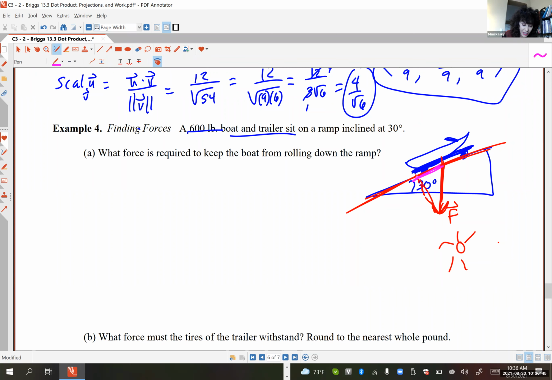This is projection, so I'm going to try to draw it here. This pink vector here would be your W1. It would be the projection of the force onto the ramp. We're going to get a ramp vector in a moment, but not yet, okay?